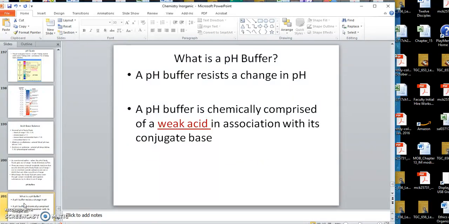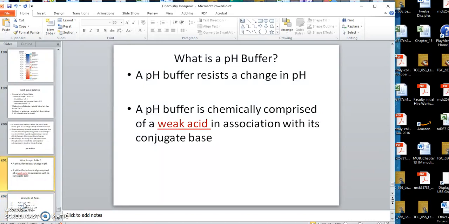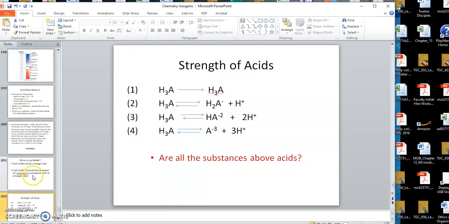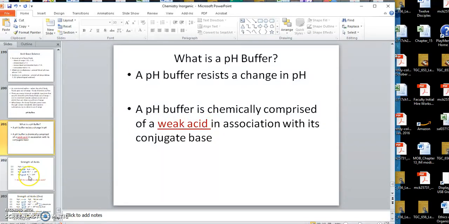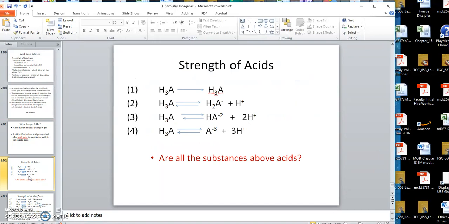And we'll talk about buffers more in ANP2. But one thing, a buffer is a weak acid in association with its conjugate base. I'm just going to concentrate on that for just a moment. There are different strengths of acids. The strength of an acid depends on how much it breaks up and liberates H pluses.